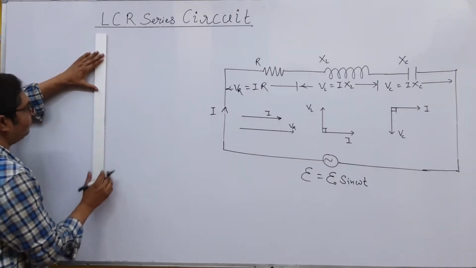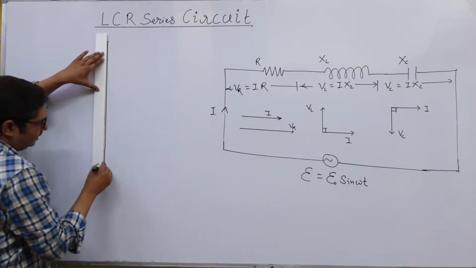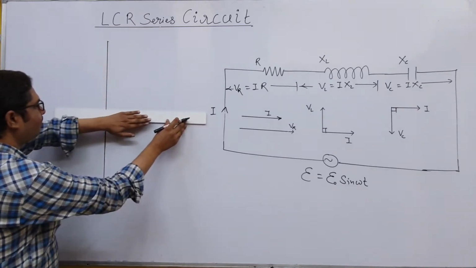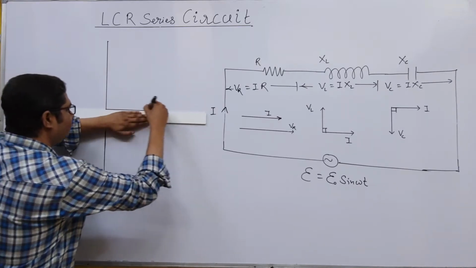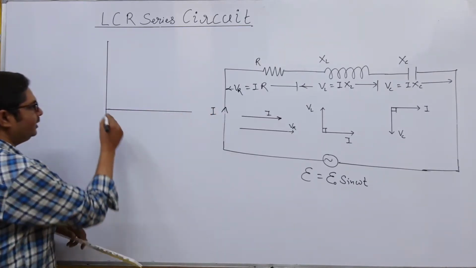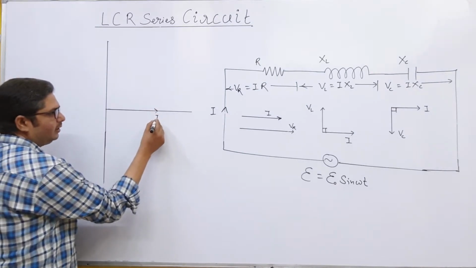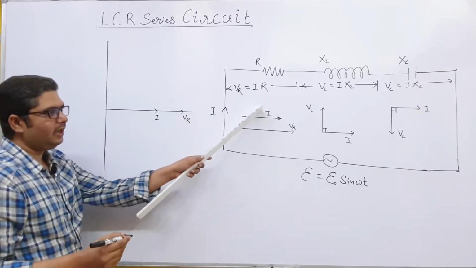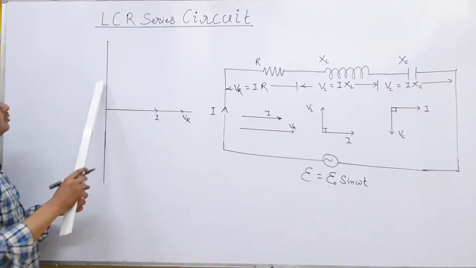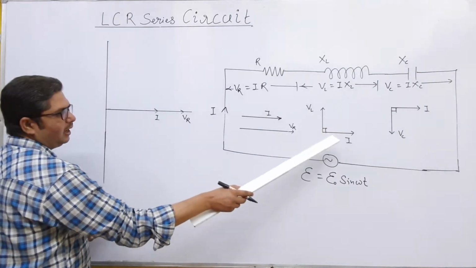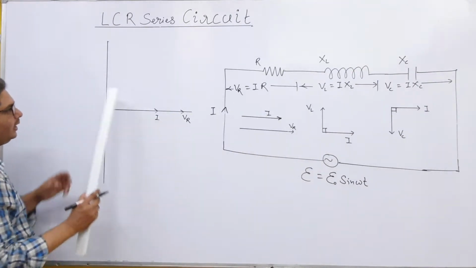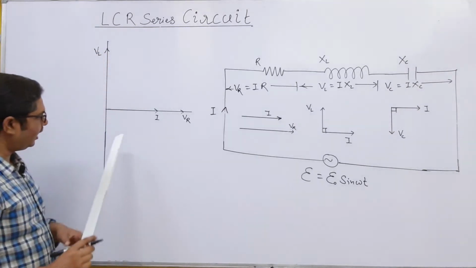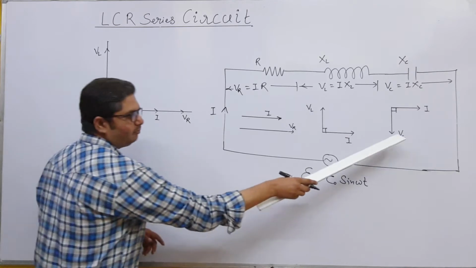For the combined diagram, here I am taking a y-axis, and this side I am taking the x-axis. Along this x-axis we have current I and voltage VR, and along this y-axis we have VL, and on the negative y-axis we have VC.